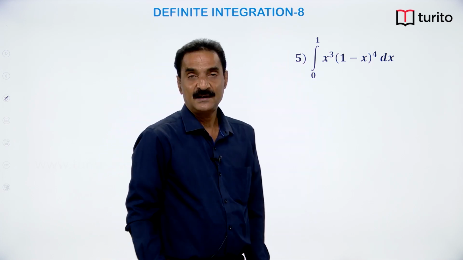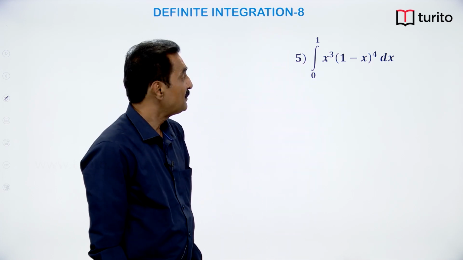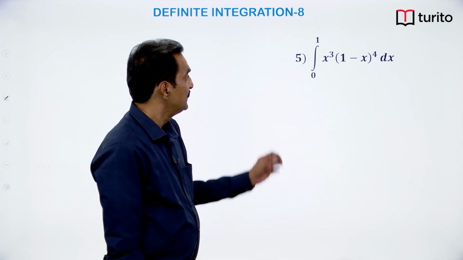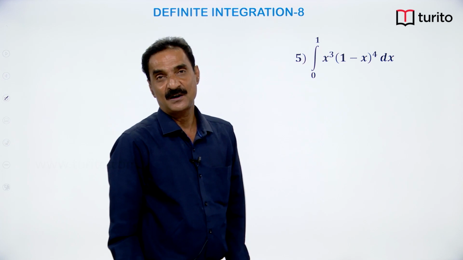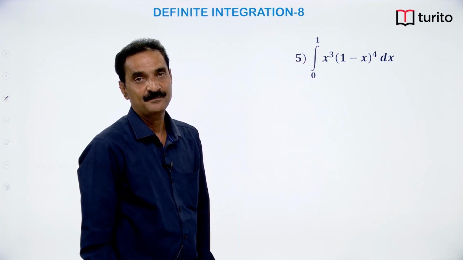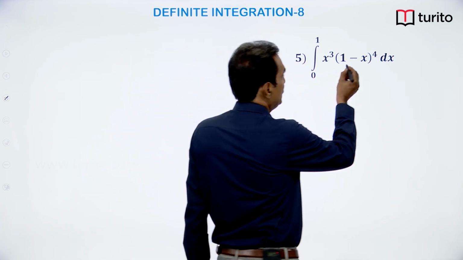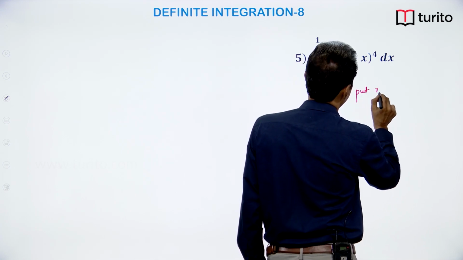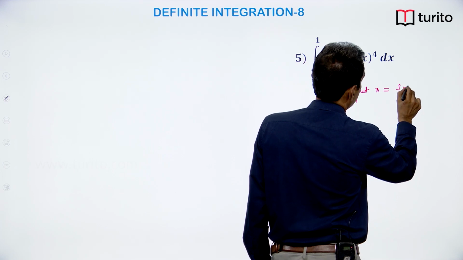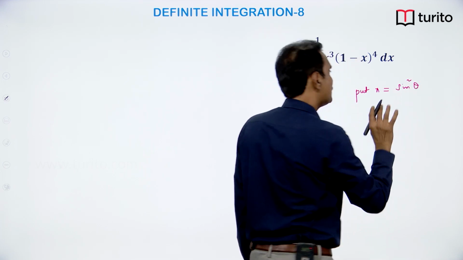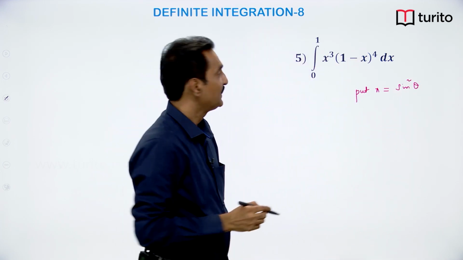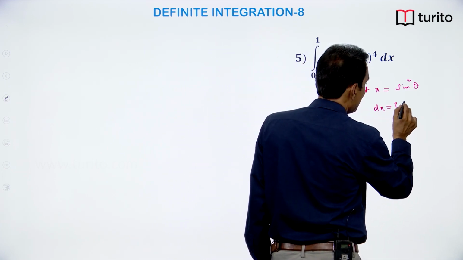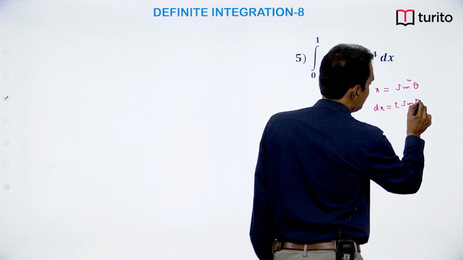Next question, integral 0 to 1 x cube into 1 minus x whole power 4 dx. We can convert this into a reduction formula by using a substitution. If you substitute x is equal to sine square theta, what happens? dx is equal to 2 sine theta cos theta.